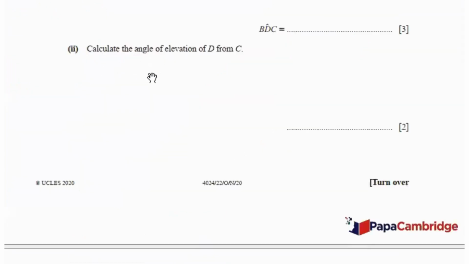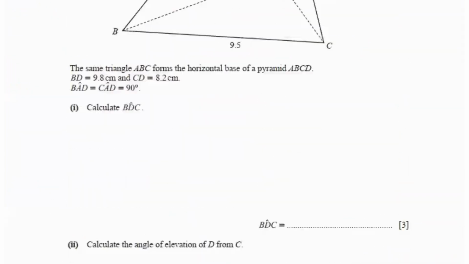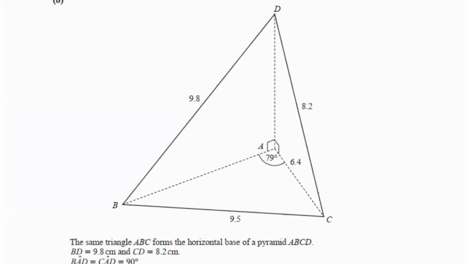Then it says calculate the angle of elevation of D from C. The triangle in focus is going to be this one now, and as you can see, this is a right angle triangle. The angle we're focusing on is this.